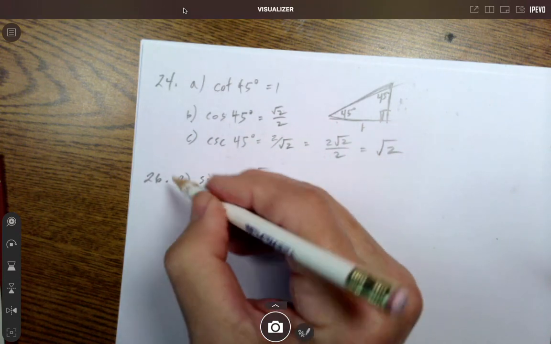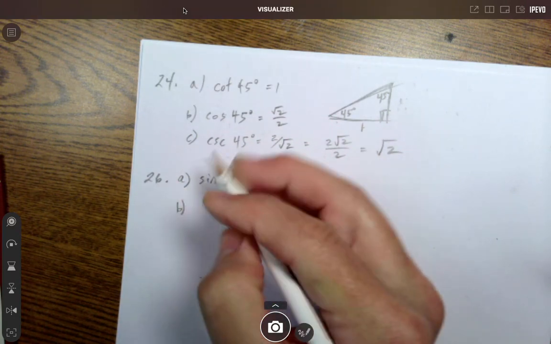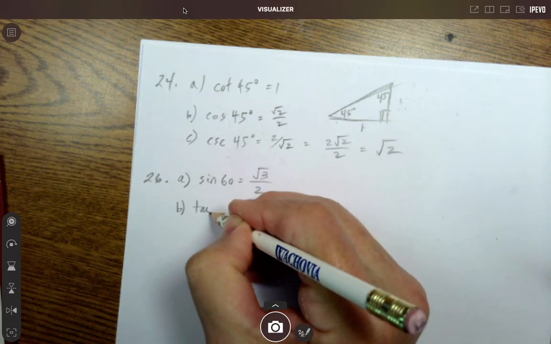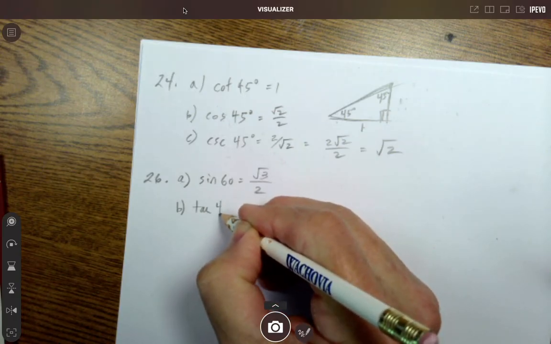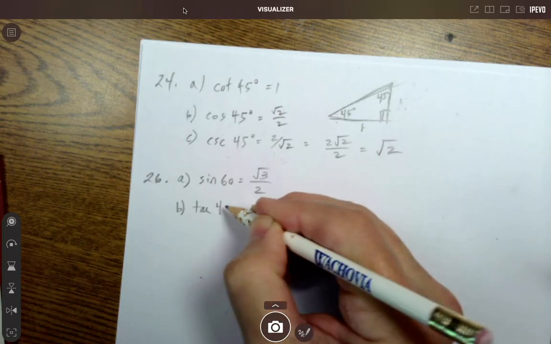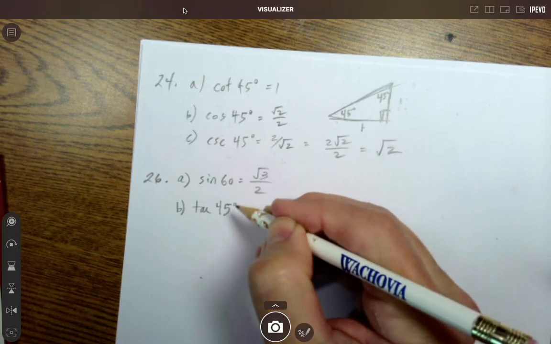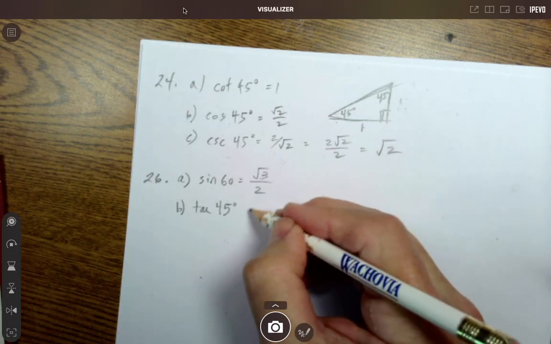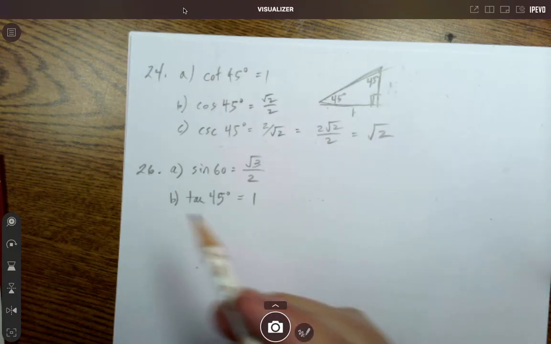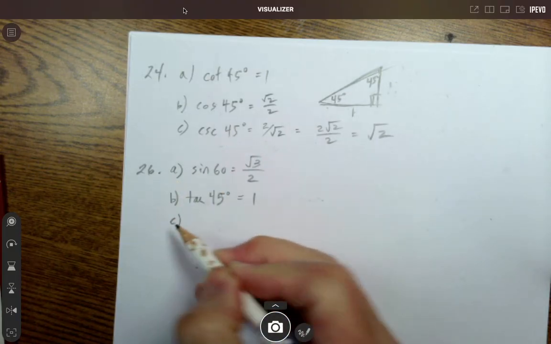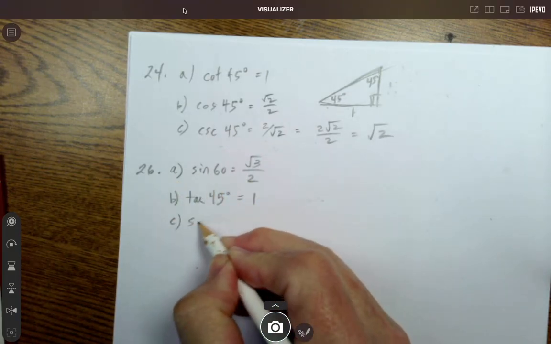26b, tangent of 45 degrees. That's weird. Okay, well, we already know that's 1. We talked about that up here. And then C, secant of 30.